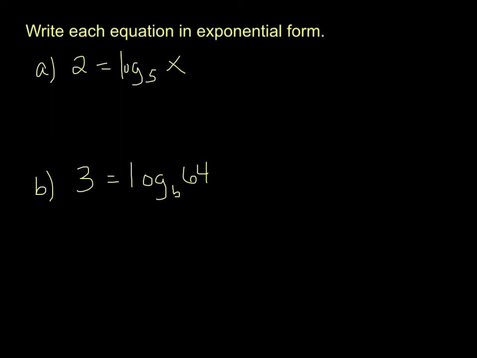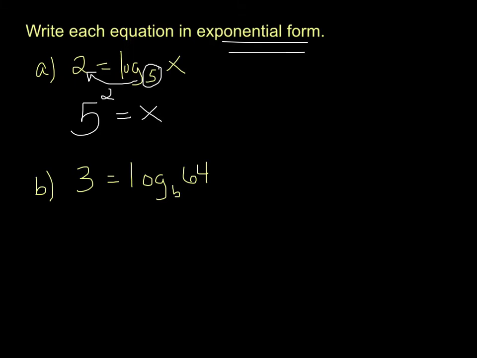So we want to take each of these equations that are in logarithmic form and write them as exponentials. So if we follow that same kind of pattern that we looked at before, the base of the log becomes the base of the exponential, and it's going to be raised to the power of the number on the other side. So this would be 5 squared is equal to x. That would be the exponential form of this logarithmic equation.